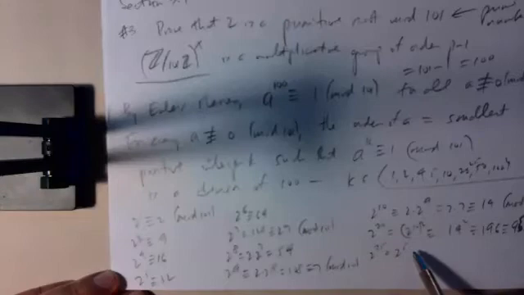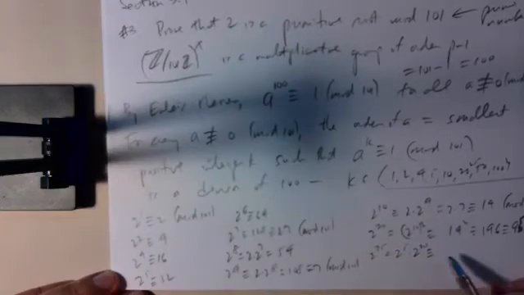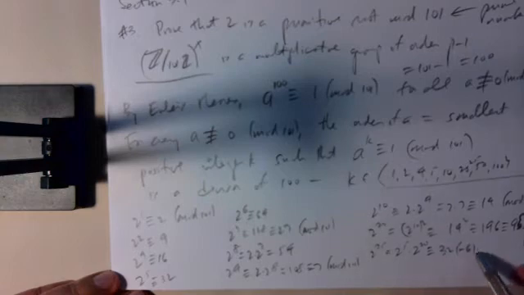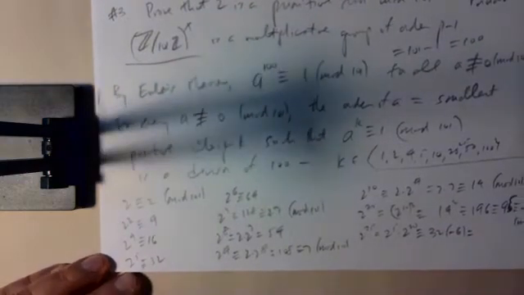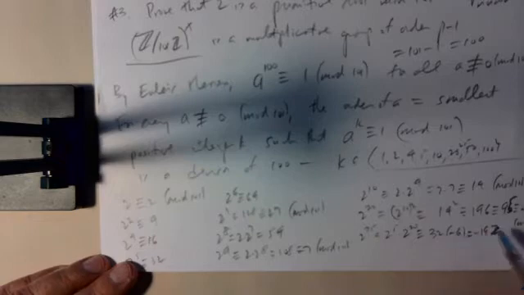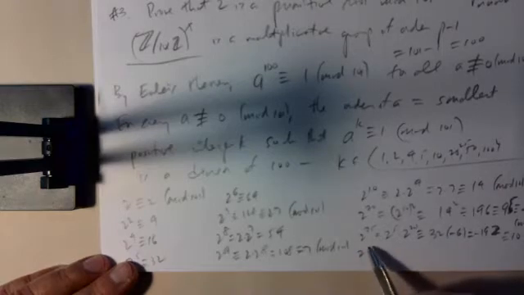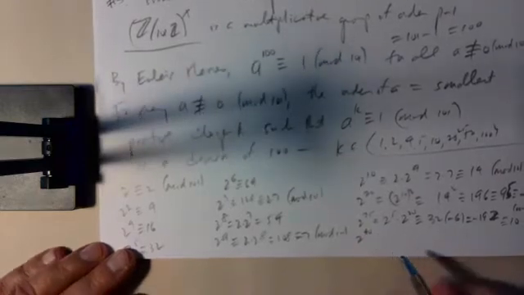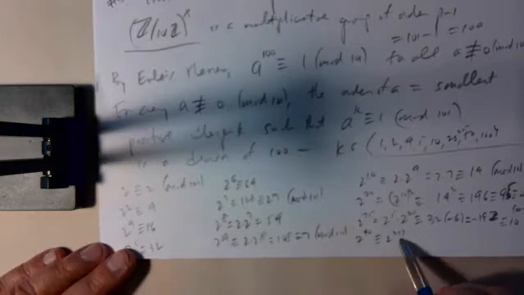2 to the 25th, let's say that's 2 to the 5th times 2 to the 20th. 2 to the 5th, that's 32 times minus 6. What is 32 times minus 6? 6 2s are 12 minus 192, which is the same as 10 mod 101, right? 2 to the 40th is 2 to the 20th squared.